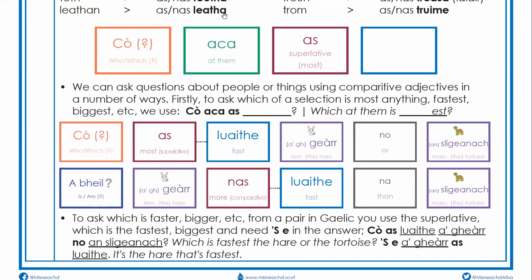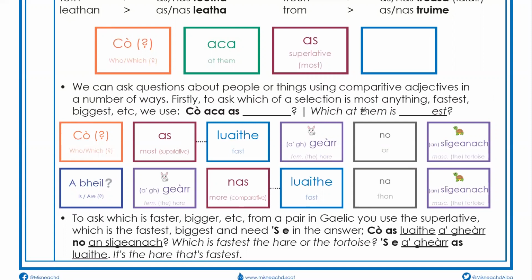Comhachta as lehe. Comhachta as fheàrr. So we can ask questions about people or things using comparative adjectives in a number of ways. Firstly, to ask which of a selection is most of anything, fastest, biggest, etc., we use comhachta.